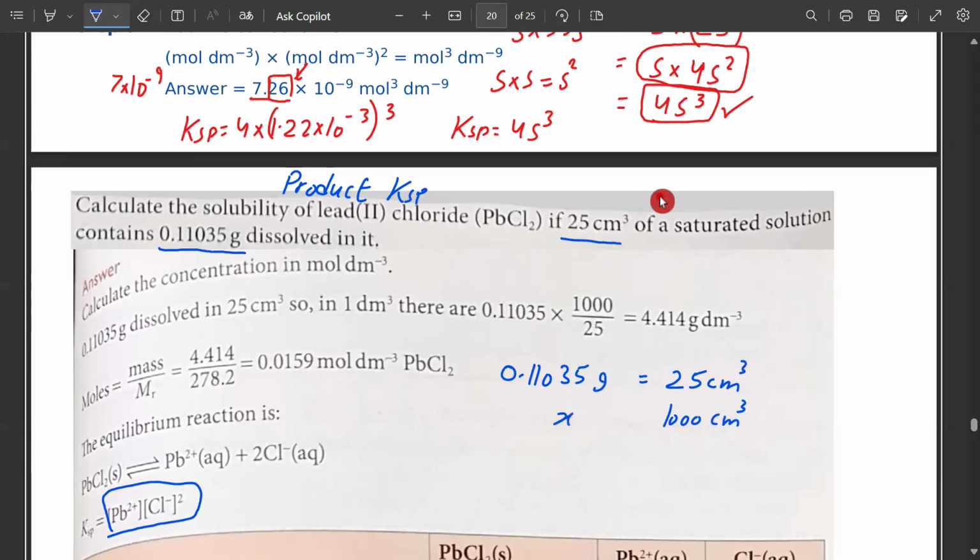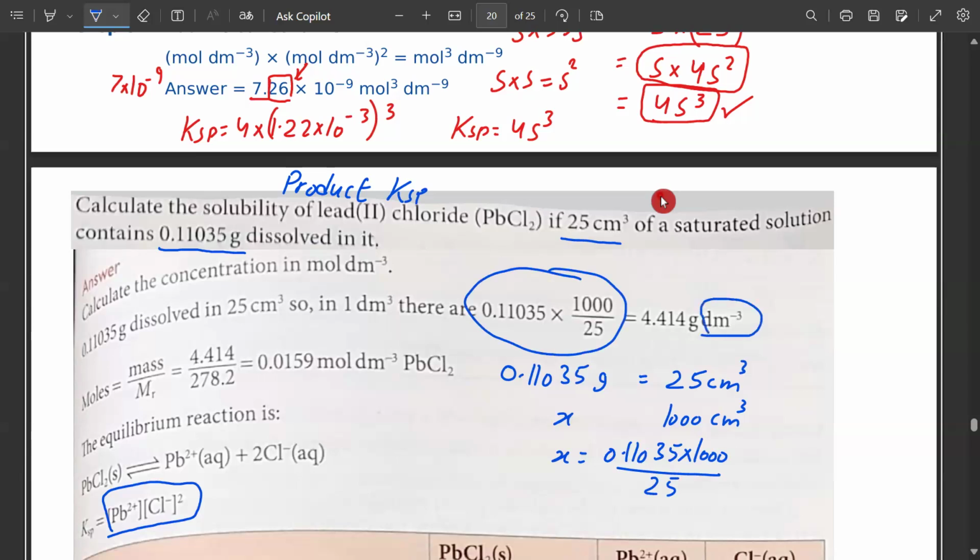So this time it will become x. So x will then be 0.11035 times 1000 divided by 25. That's the same expression here. So they calculated the amount in terms of dm cube. Now you have been provided the value in gram per dm cube. The next part is that you have to convert this gram into mole. That's simple.